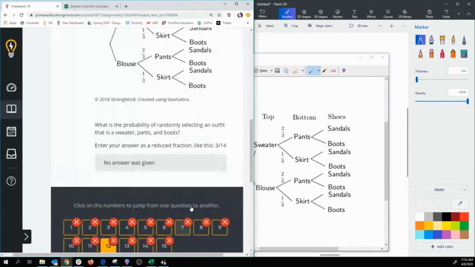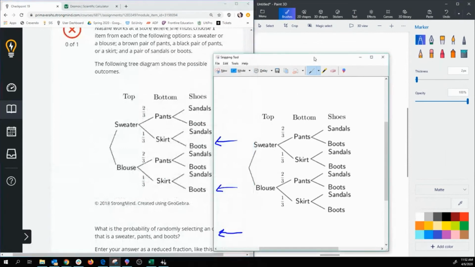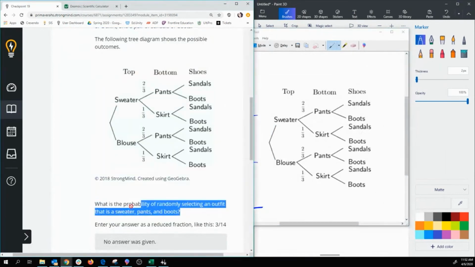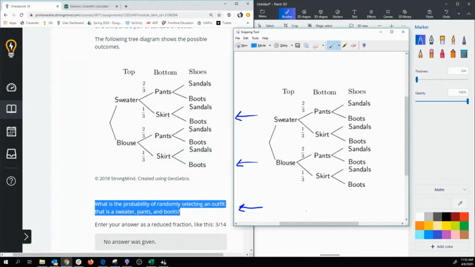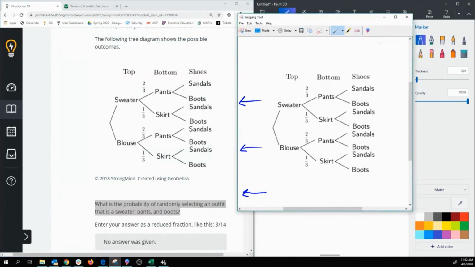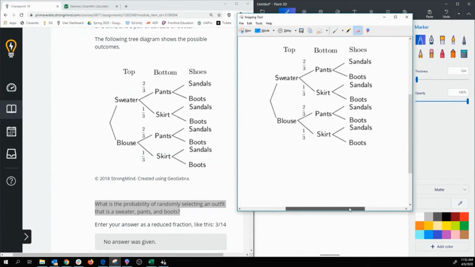All right, next question uses the same exact tree diagram, except here we're asked for probability again. So we want to know what is the probability of randomly selecting an outfit that is a sweater, pants, and boots. So sweater, pants, and boots.